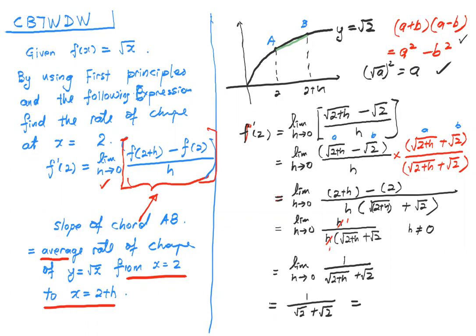So now, can someone tell me square root of 2 plus square root of 2 equals what? 2 square root 2. 1 square root 2 plus another square root of 2, I have 2 square root 2. Got it? So I will write it as 1 over 2 root 2, which is root 2 over 4.